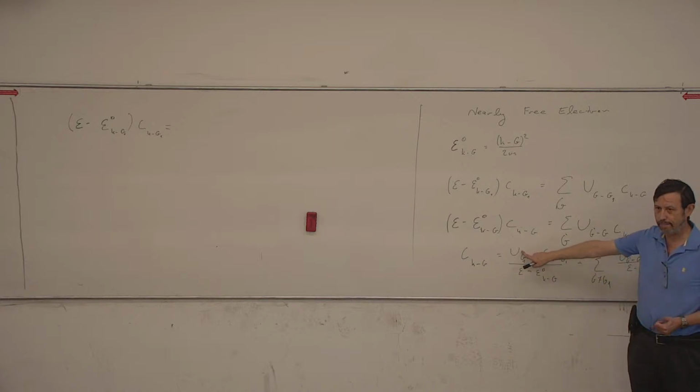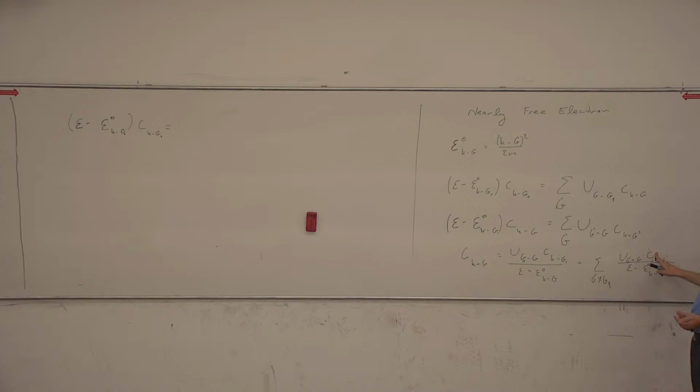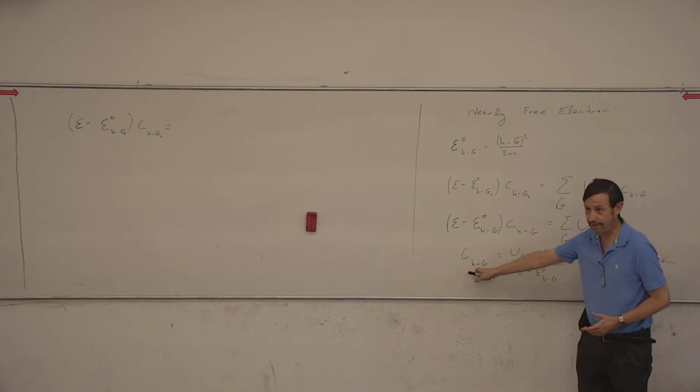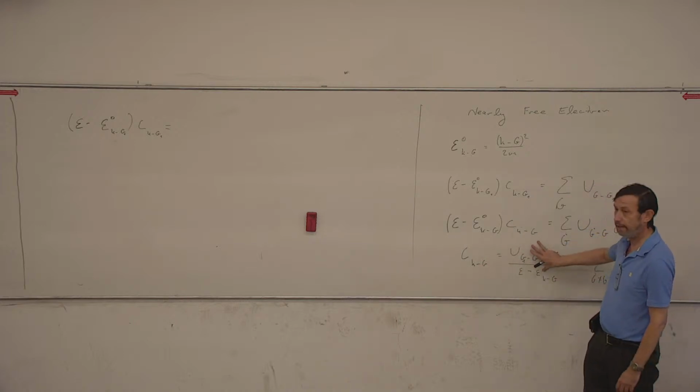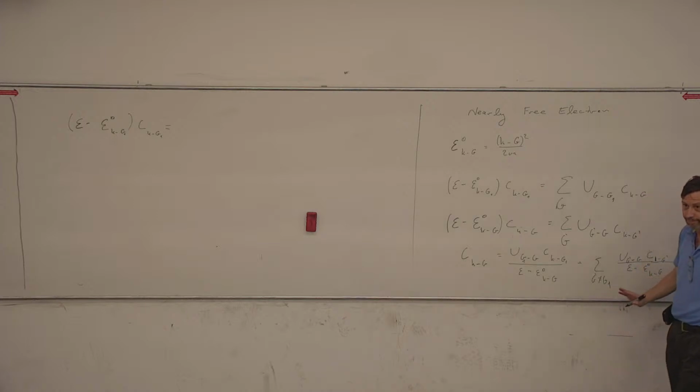I have here one power of u, and here I will have higher powers of u, just because I'll have to insert again this behavior of C_k. I'll have another power. So I'm taking only the first one, which is equivalent to what you have seen as second order perturbation theory.